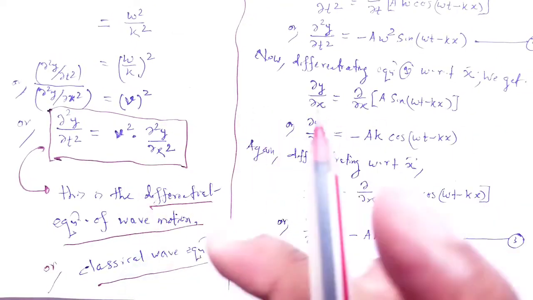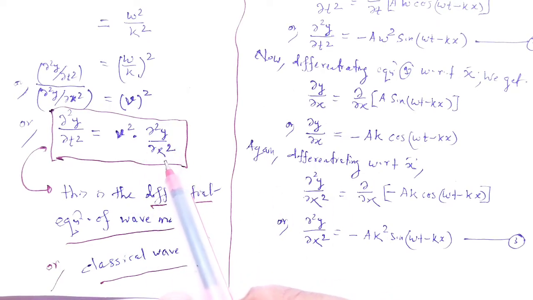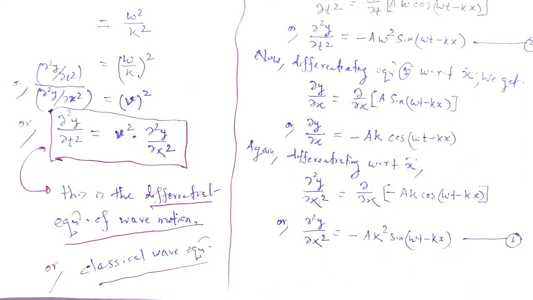Del square y by del t square is equal to v square into del square y by del x square, where v is the wave velocity.